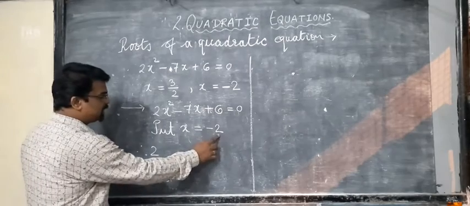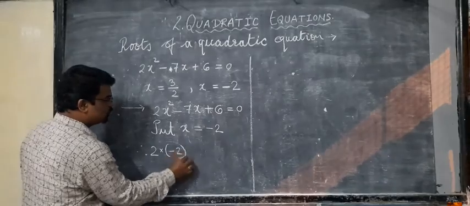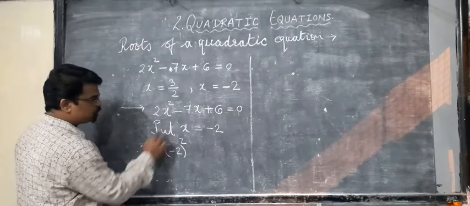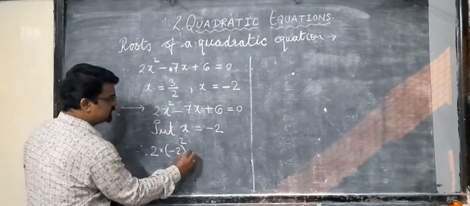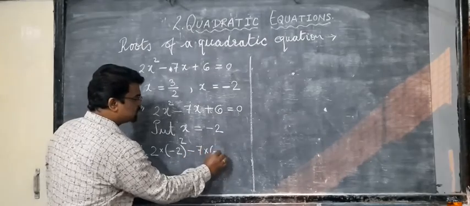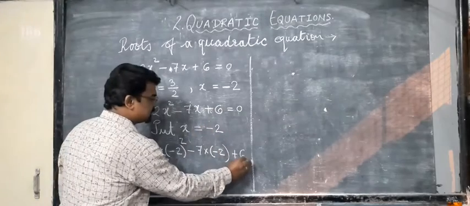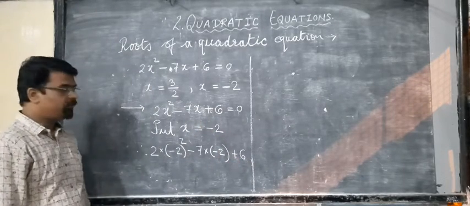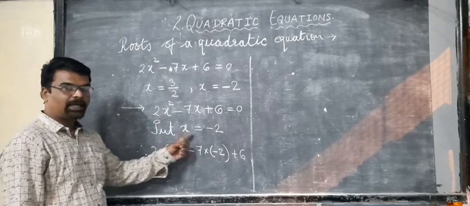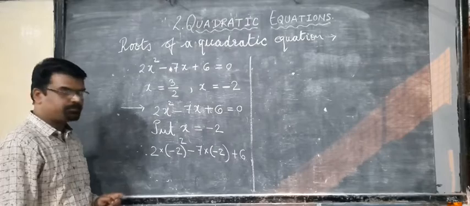Value of x is minus 2, so it will be 2 into minus 2 whole square, minus 7x means minus 7 into minus 2 plus 6. Here we have put the value of x as minus 2 in the given quadratic equation.